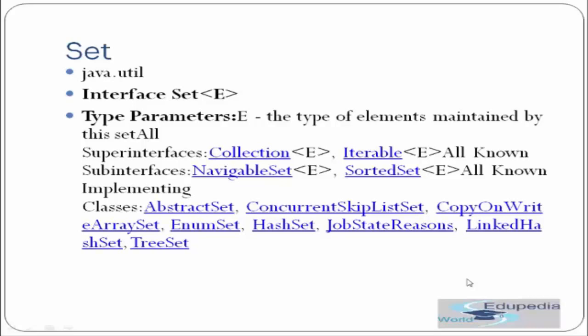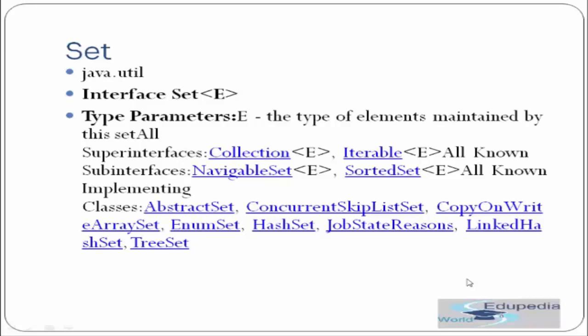Then we have sub interfaces, which are navigable set and sorted set, and then all the implementing classes are abstract set, concurrent skip list set, copy on write array set, enum set, hash set, job state reasons, linked hash set, and tree set. Out of these, the important classes are linked hash set, tree set, and hash set.